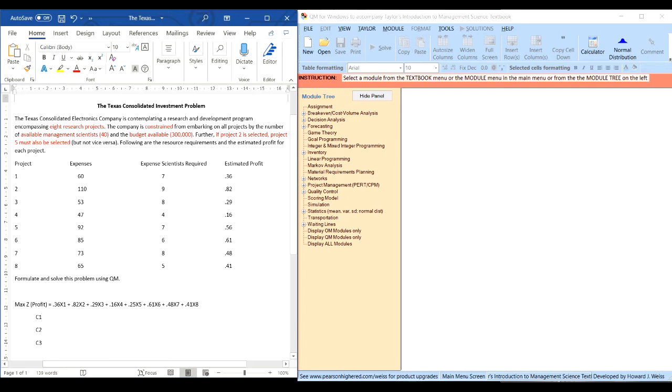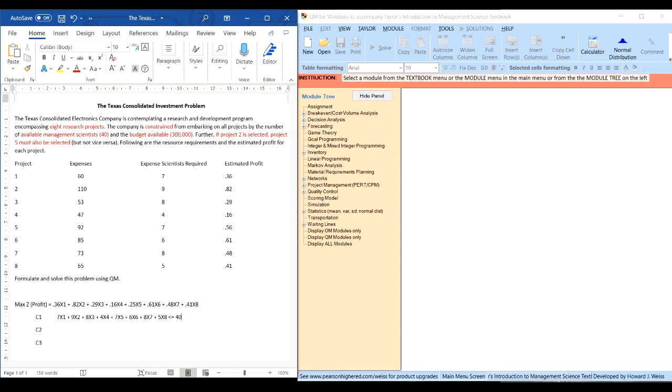So we have 7x1 plus 9x2 plus 8x3 plus 4x4 plus 7x5 plus 6x6 plus 8x7 plus 5x8. And we know we have less than or equal to the 40 that are available to us.